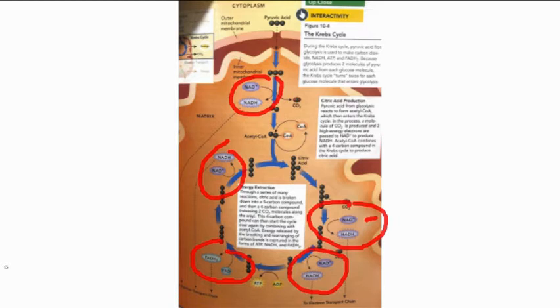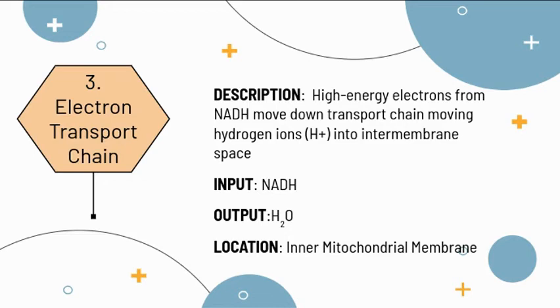So the products from the Krebs cycle and glycolysis feed into stages 3 and 4, which we said are the electron transport chain and ATP synthase. The NADH created during glycolysis enters the mitochondria and joins NADH and FADH2, which were created during the Krebs cycle.